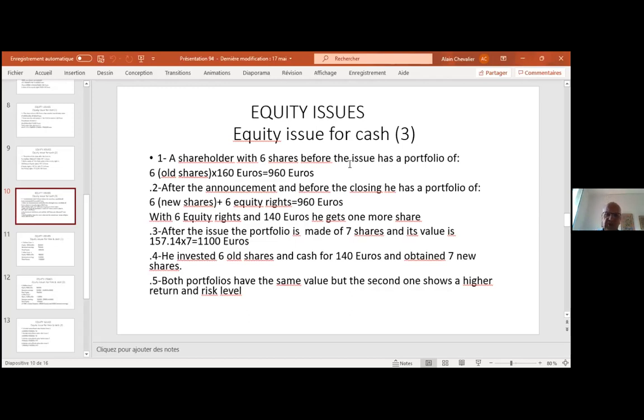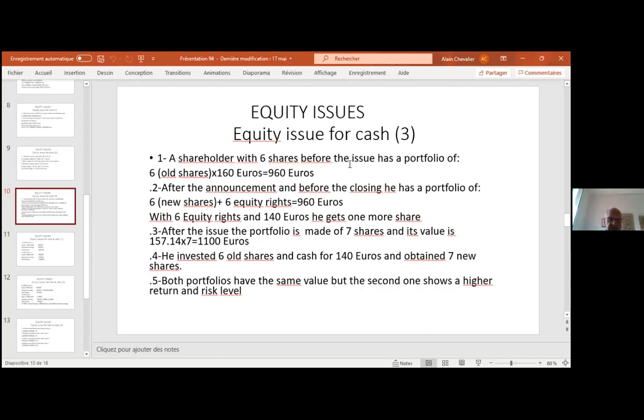That means the potential return of the portfolio only invested in shares is higher than the potential return of the portfolio which is split between cash and shares. But at the same time, and this is what we normally consider in financial theory, the risk is higher, because if the stock market declines by 20%, the impact on the portfolio of 100% shares will be more important than on the portfolio which is partly invested in shares and partly in cash.